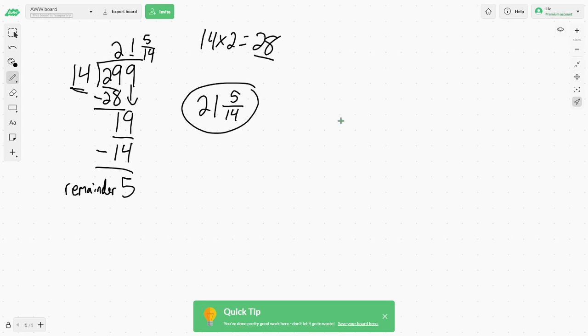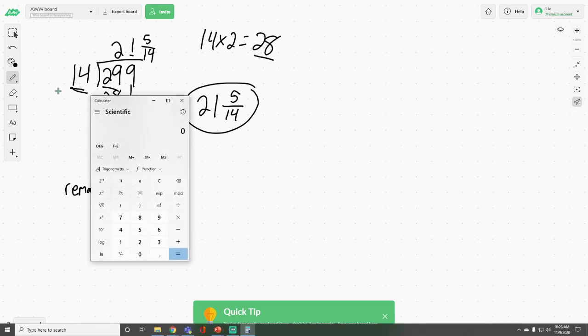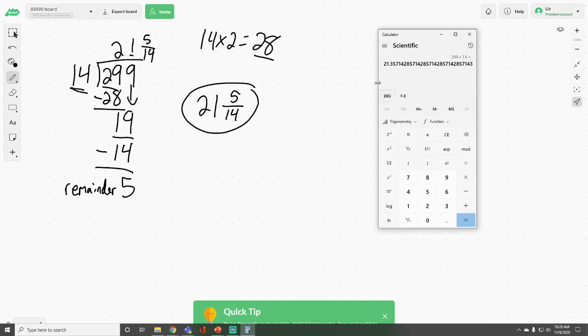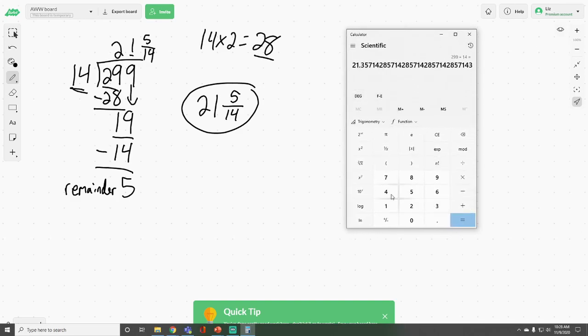5/14, which you would normally write as a decimal, right? When you divide this in a calculator, you're actually going to get, let me bring my calculator up. So when you take 299 divided by 14, you get this 21.357, etc. So what if we do the 5 divided by 14?